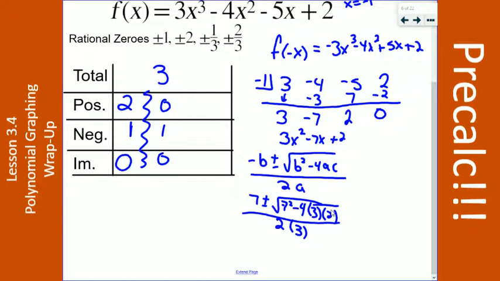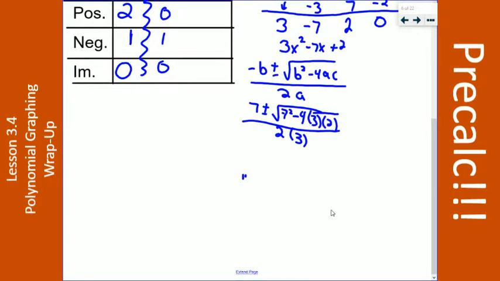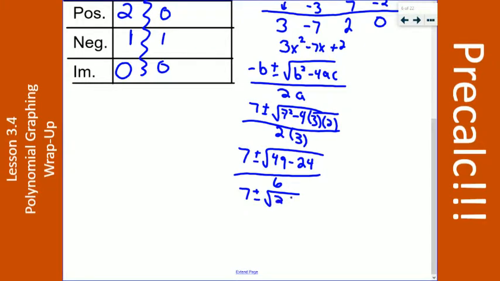Okay? So now let's simplify some stuff. So we have 7 plus or minus the square root of 49 minus 4 times 3 is 12 times 2 is 24 over 6.